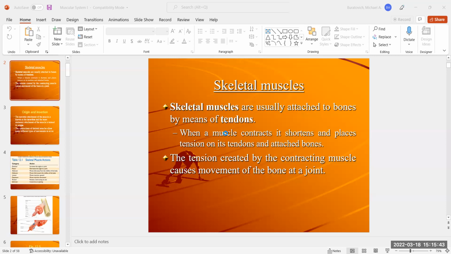All right, your book has this really nice figure that illustrates what a motor unit is. You can see how the motor termini innervate all these fibers here. All these fibers constitute a motor unit.